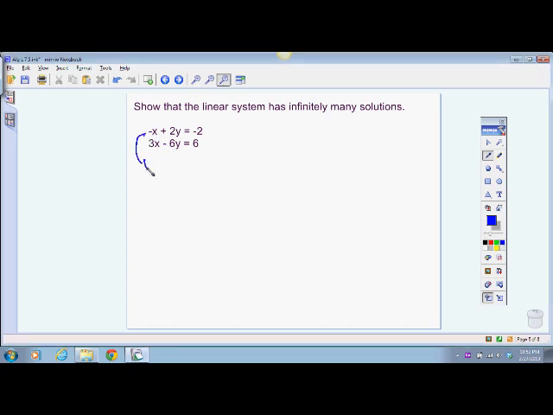So if I were to solve both of these for y, oops. So I do that by adding x to each side. And then I'll divide each side by 2.